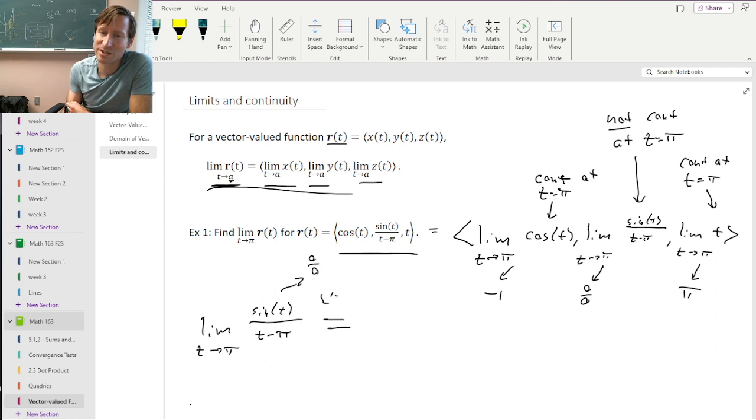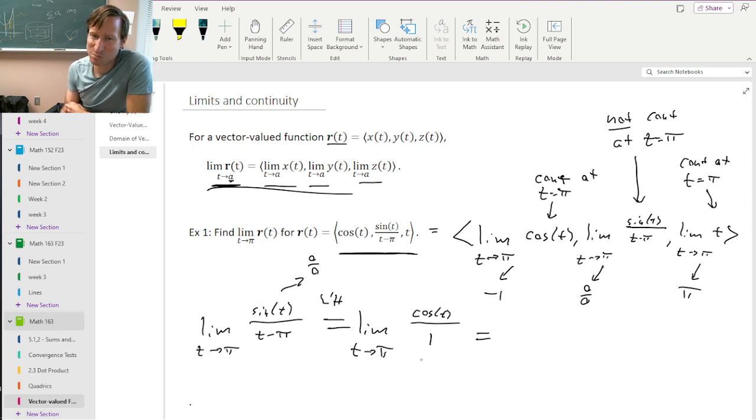L'Hopital's rule says that if you have a limit that gives you 0 over 0, replace the numerator with the derivative of the numerator, and the derivative of sine is cosine, and replace the denominator with the derivative of the denominator, which is 1. Then try taking the limit again. This time we can compute it, because when we plug in pi, we get cosine of pi, which is -1, over 1, and that's -1.